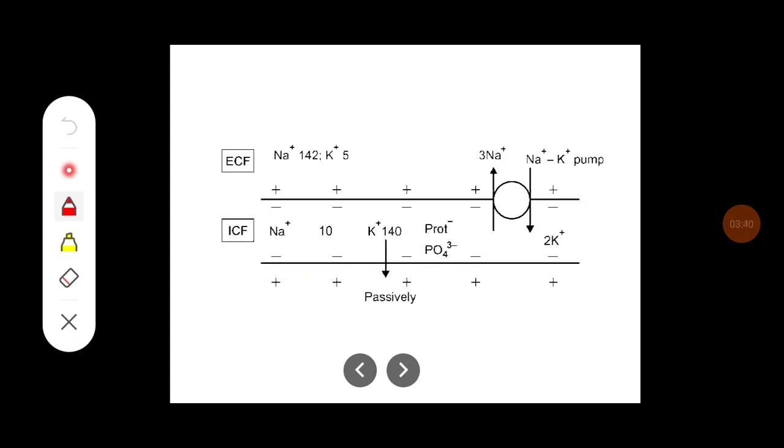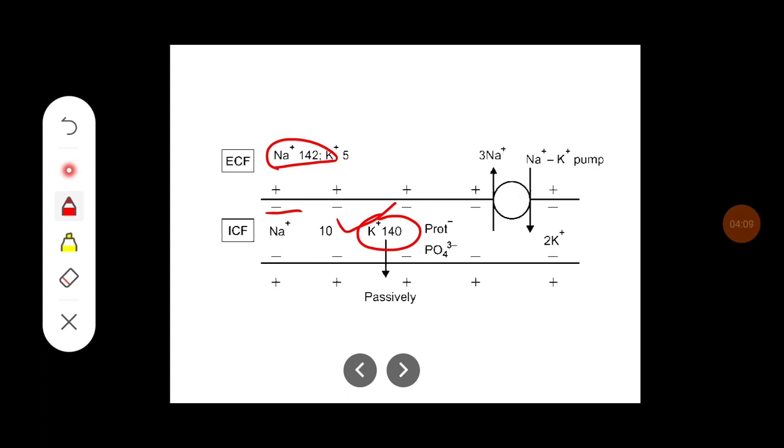So this diagram shows the resting membrane potential, which is always maintained negative inside, positive outside. It is mainly because of the potassium efflux which occurs, and to compensate, the sodium is going to try to move in, but the potassium overrides that activity because it has more permeability for the cell membrane.